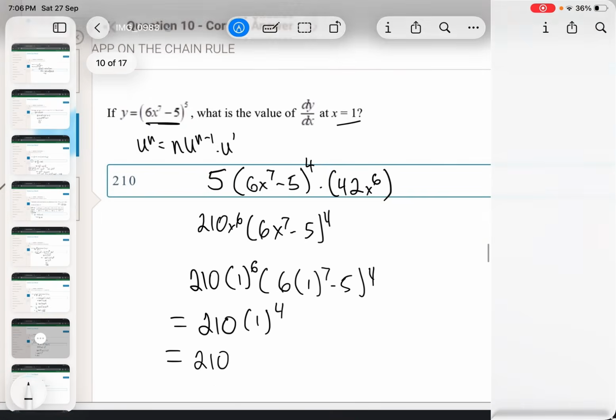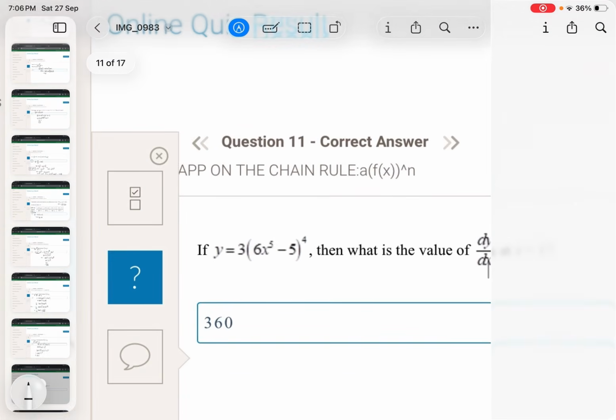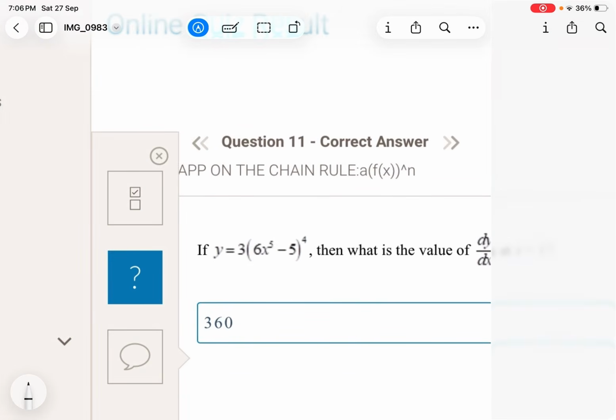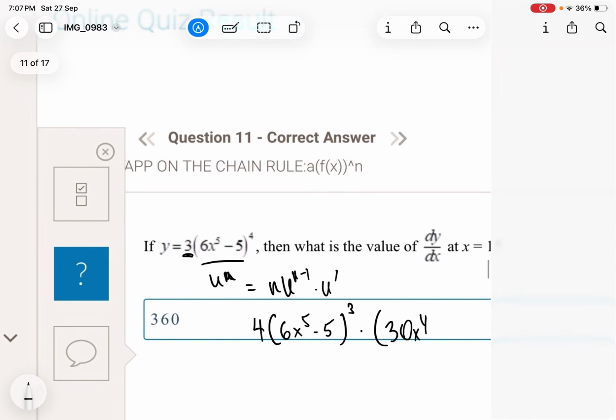So just take the u to the power of n, leave the 3 outside, so it will be equal to n times u^(n-1) times u prime. So it will be 4 times u, which is 6x^5 minus 5, to the power of 4 minus 1, which is 3, times u prime, which is 30x^4, and yeah, that's it.